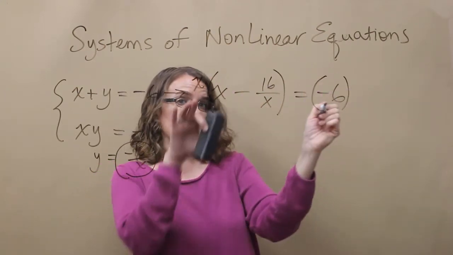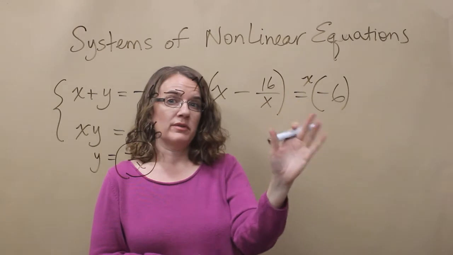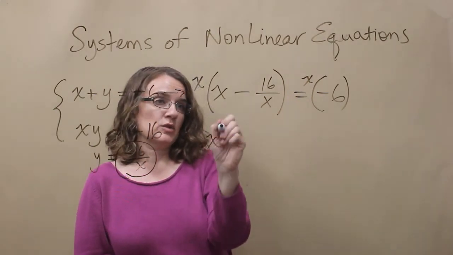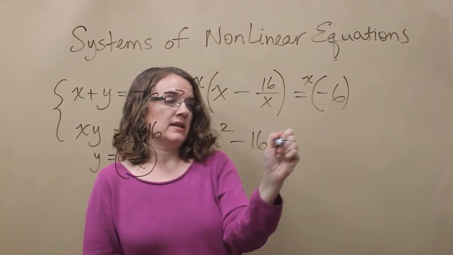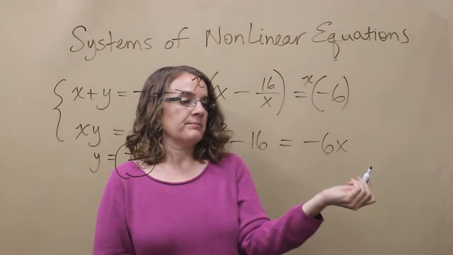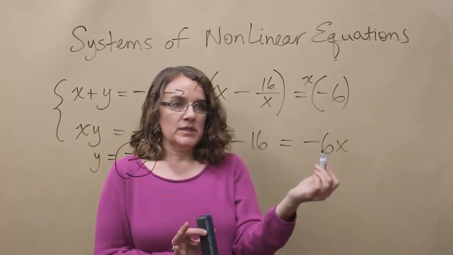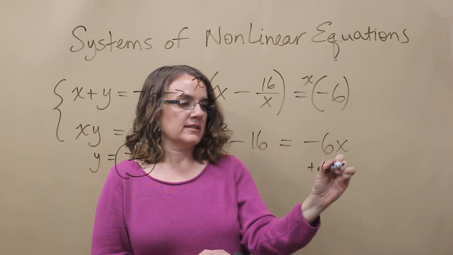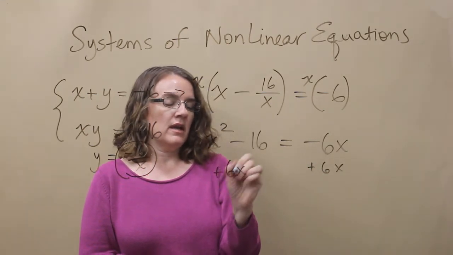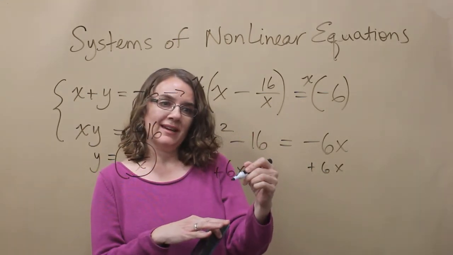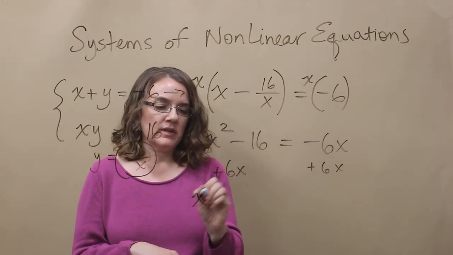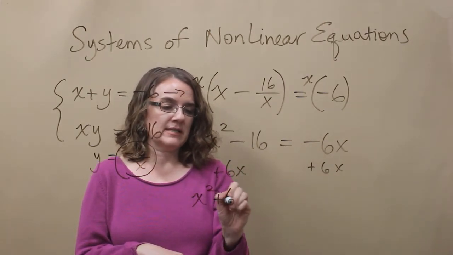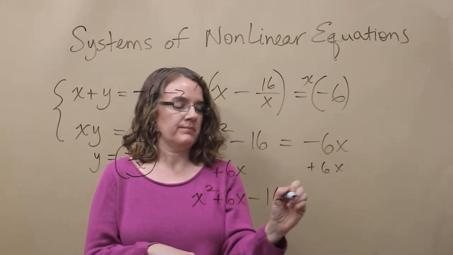And I did it over here, so now I have to do it on the other side. So I have x squared minus 16 is equal to negative 6x. I can't do anything with it written like this, so I'm going to add 6x to both sides. There are no common terms with the x. We have then on the left x squared plus 6x minus 16.